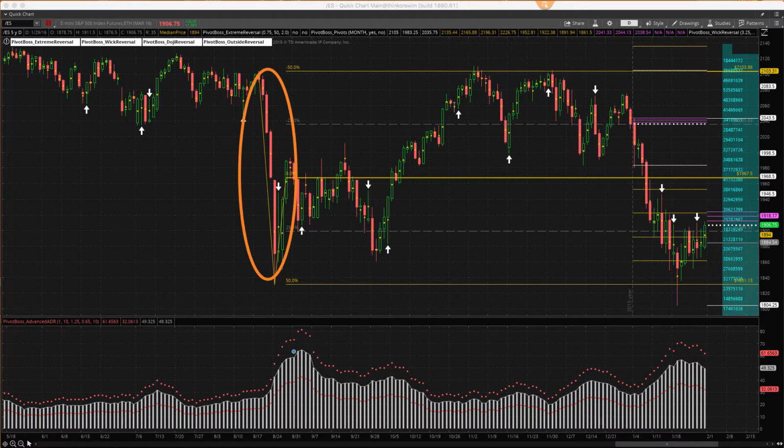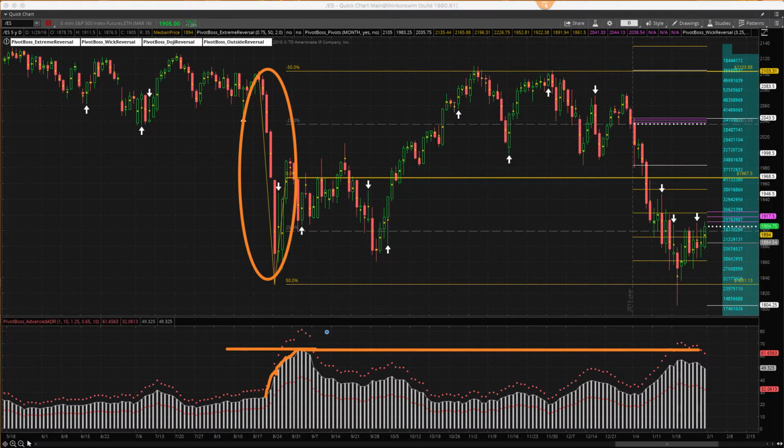Look at how big this move was that influenced all of these ADRs to go higher. You can see we were trading 70, 65 points of range there. That's huge. Anytime you see that much range trade, that's usually an expectation that the ADR value is going to come down, and you're going to see a little bit of quieter trading to come.